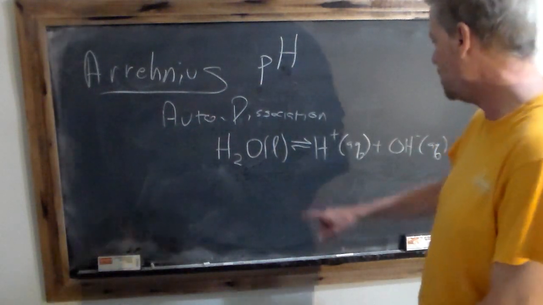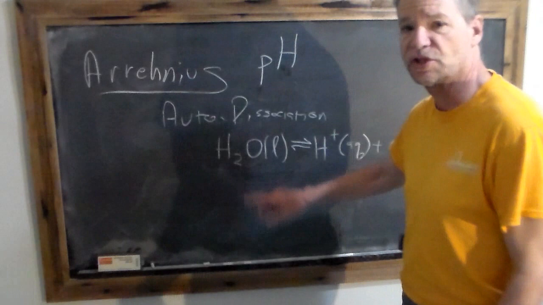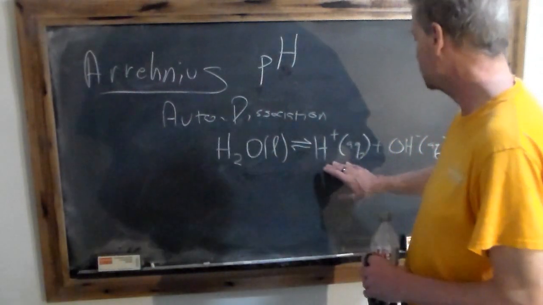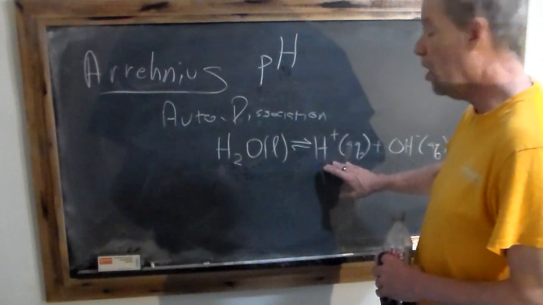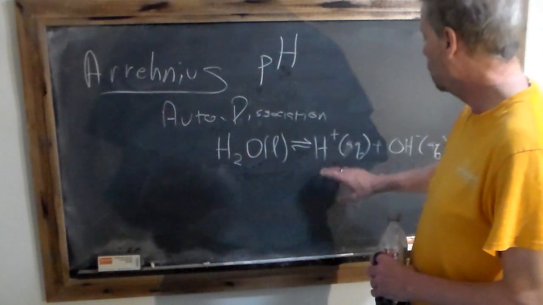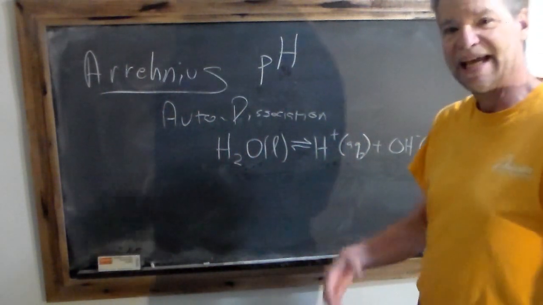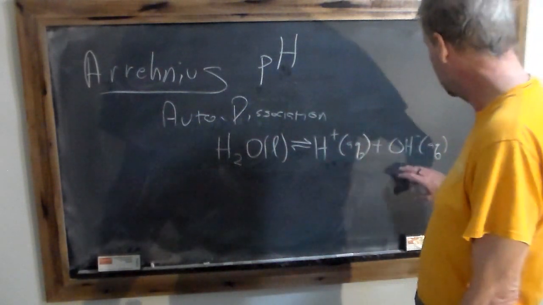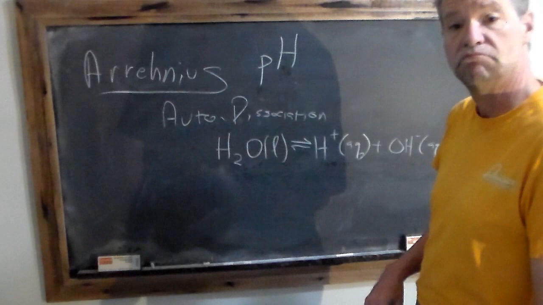So what makes an acid? Any water-based solution, like this Diet Coke, is undergoing this autodissociation. Always, always, always. So what's an acid? An acid simply has more hydronium ions than it has hydroxide.